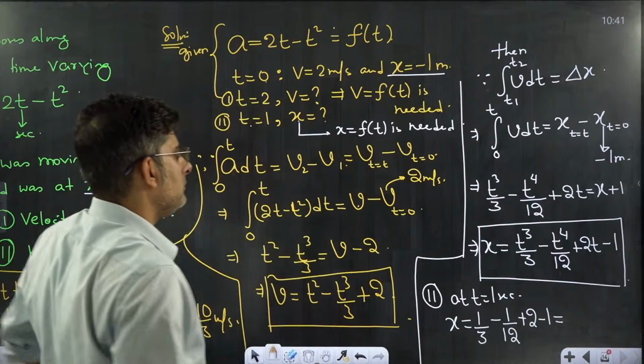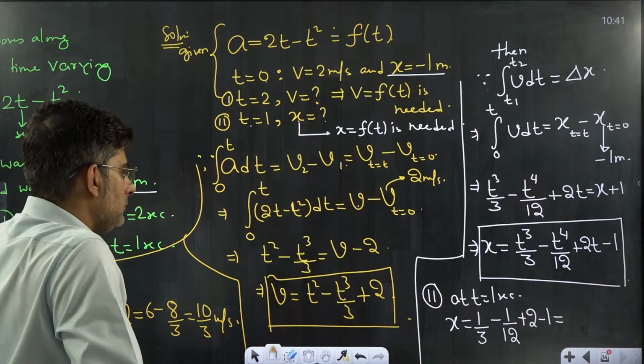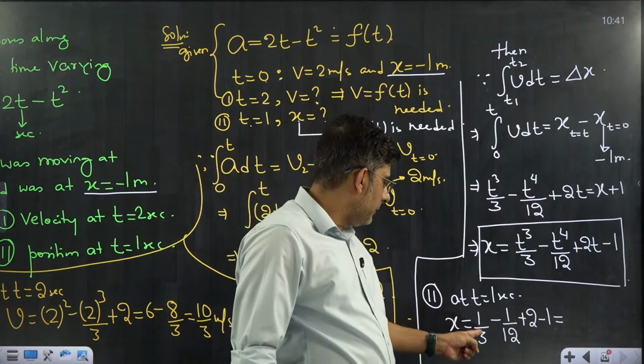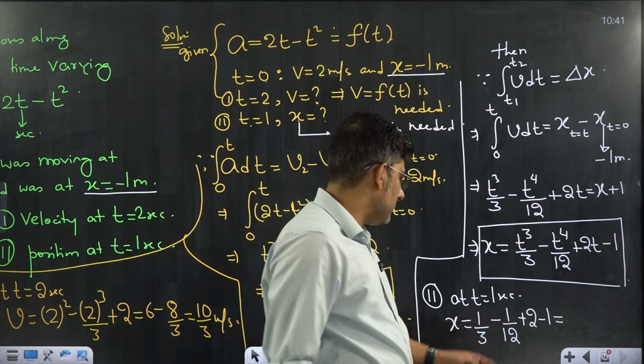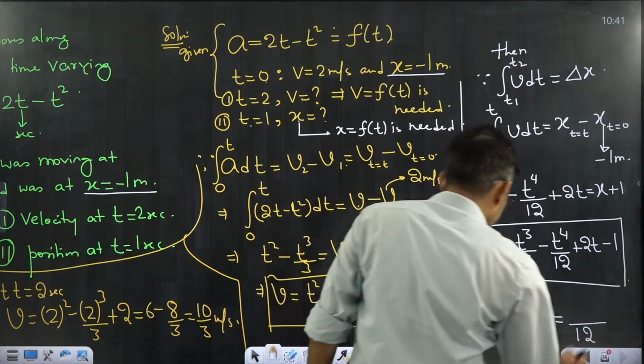So when we see from here, 1 by 3 minus 1 by 12 plus 2 minus 1 is 1. Take the LCM as 12.